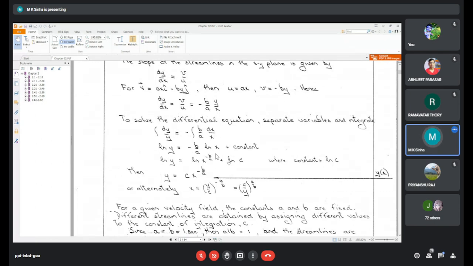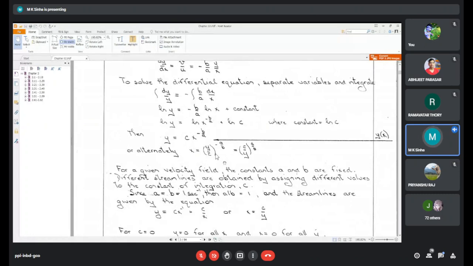This is your relation. The velocity field is constant, a and b are fixed because they are given, and both are 1. Streamlines are obtained by assigning different values to the constant of integration c.